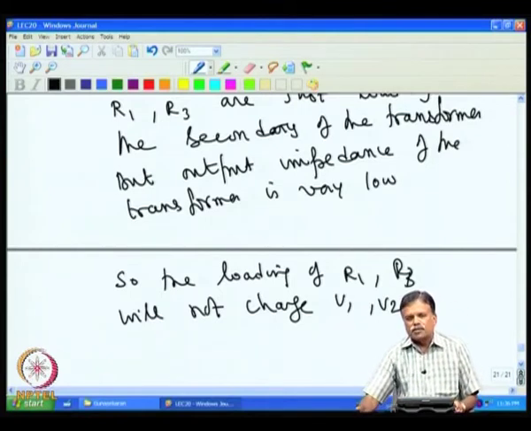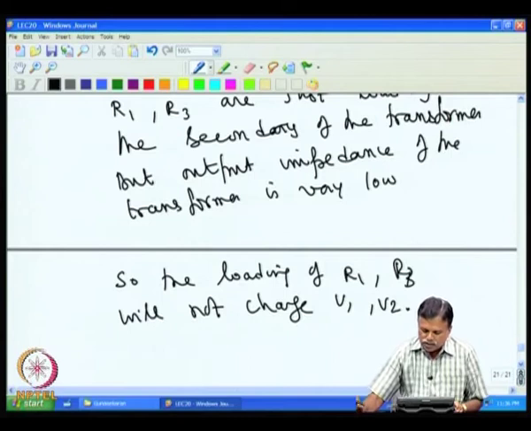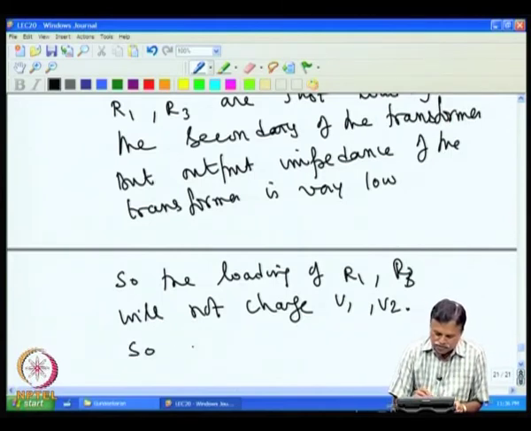The secondary voltages are not getting affected by the loading, so there is no effect on the balance of the bridge.